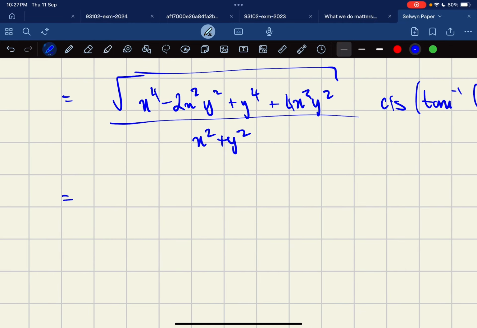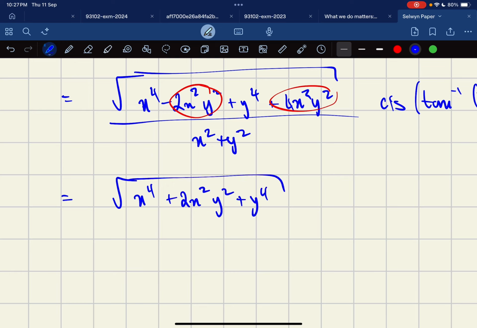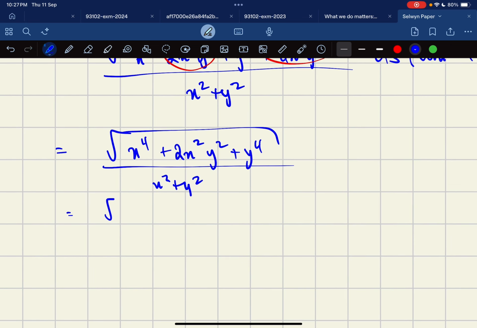Over here, on the top you can collect like terms, joining these to give x to the power 4 plus 2x squared y squared plus y to the power 4 over x squared plus y squared. Noticing here that the inside of that square root is actually a perfect square, the perfect square of x squared plus y squared, squared, over x squared plus y squared.